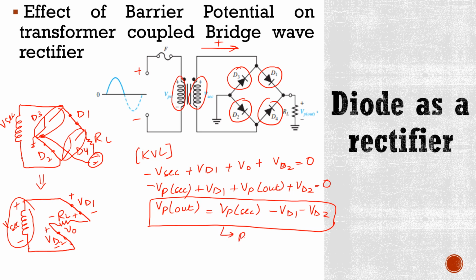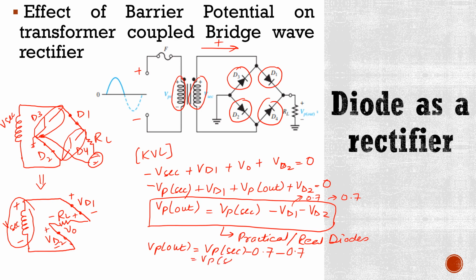when we have practical or real diodes. Okay, it means if we have silicon diodes, then this VD1 will be 0.7 and this VD2 will also be 0.7. So in that case, this peak output voltage will be peak secondary voltage minus 0.7 minus 0.7, which is equal to peak secondary voltage minus 1.4.